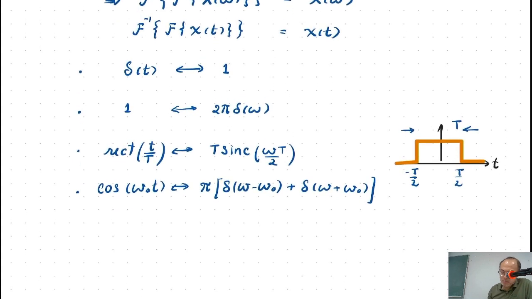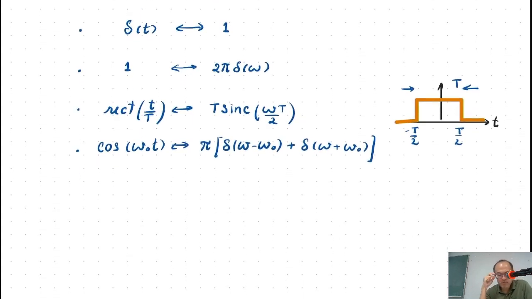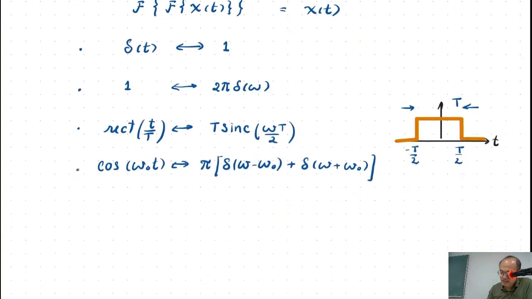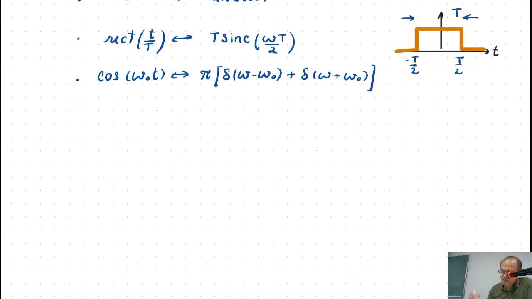And we also know a couple of properties of Fourier transform pairs, notably the linearity, the time shift, the convolution, and multiplication by complex exponential. Those properties have been discussed already, so I'm not going to repeat them.